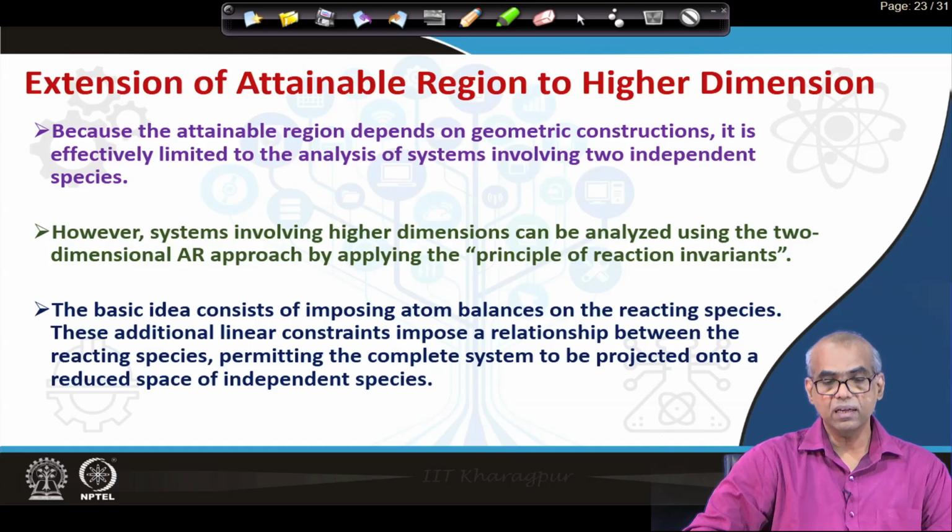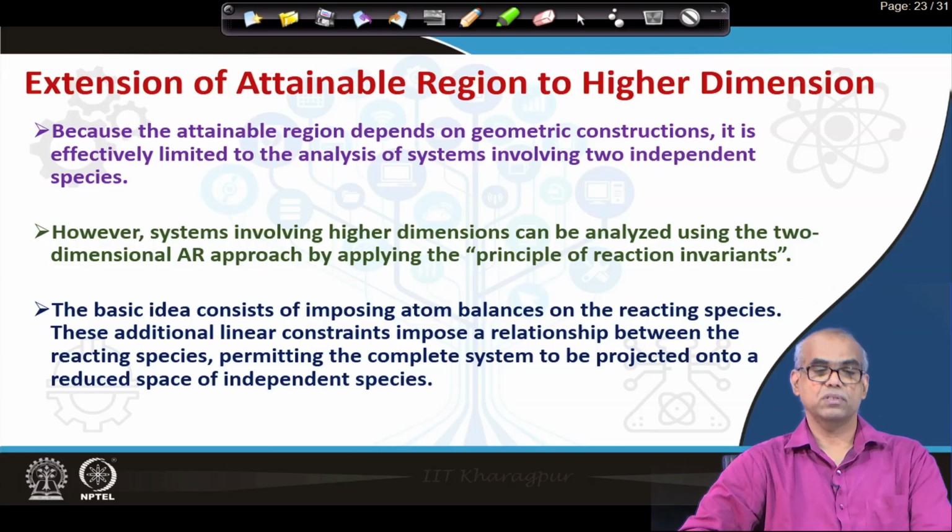The basic idea consists of imposing atom balances on the reacting species. These additional linear constraints impose a relationship between the reacting species, permitting the complete system to be projected onto a reduced space of independent species.